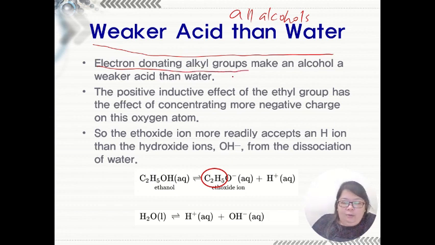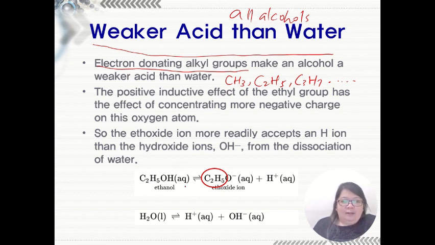If you cannot remember, alkyl groups are alkanes with one hydrogen less, like CH3, from methane. You deduct one hydrogen, so it becomes CH3. So this is an alkyl group, C2H5, C3H7, and you can go on and on. They are all alkyl groups. So all alcohols will have these alkyl groups.